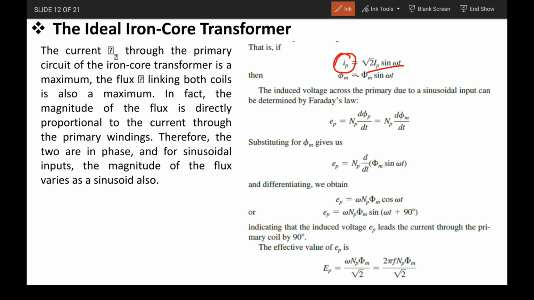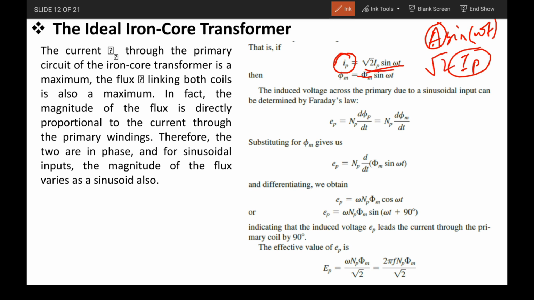Anyway, we are supplying an AC signal, so we can say it is a sinusoidal signal, and we know a general expression of a sinusoidal signal is A sine omega t. A is the amplitude. So if IP is the RMS value, then the amplitude is root 2 IP.